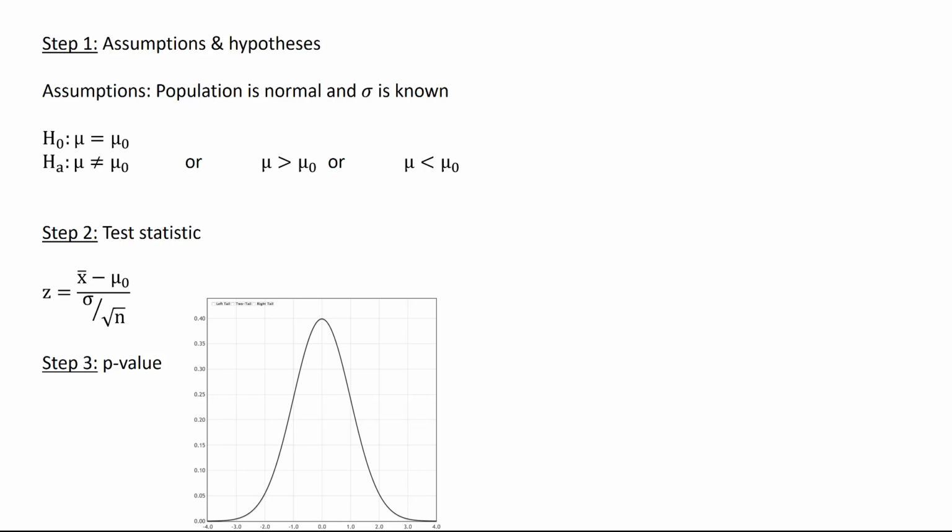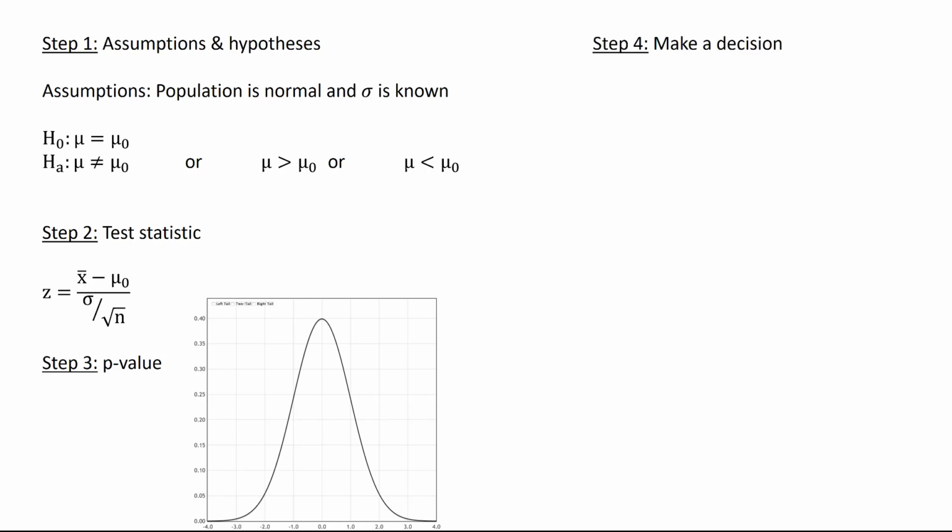To do this, we construct a z-distribution. Recall that this is a normal distribution with a mean of 0 and standard deviation of 1. The p-value will be the area under the z-distribution that is more extreme than the test statistic observed in step 2 in the direction of the alternative hypothesis. And we'll walk through one example of this shortly.